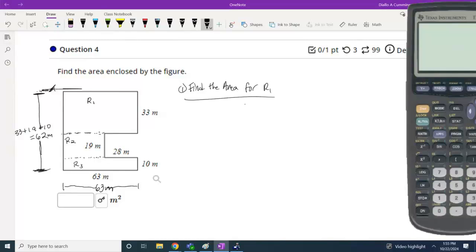In order to find the area of any rectangle, you need to know the length and the width. So I know that my width, or my height, is going to be 33. But what is my length? It should be 63, right? Because this spans my entire figure, which is 63.